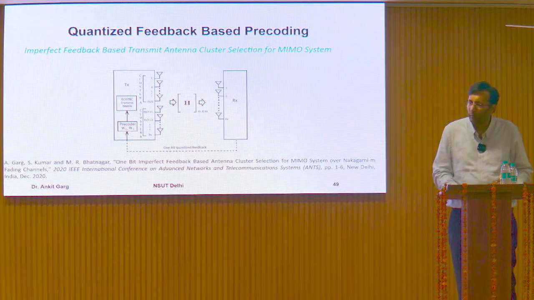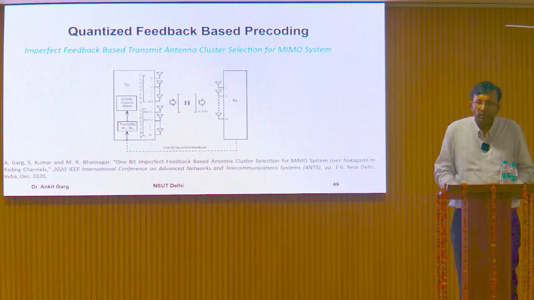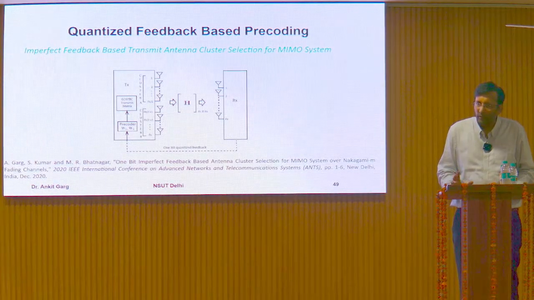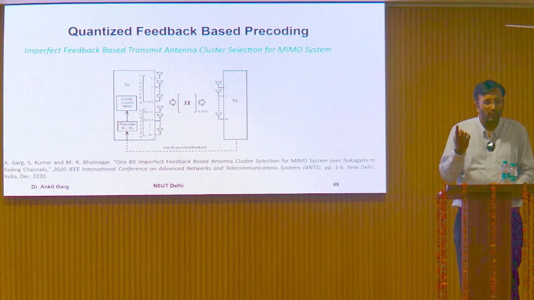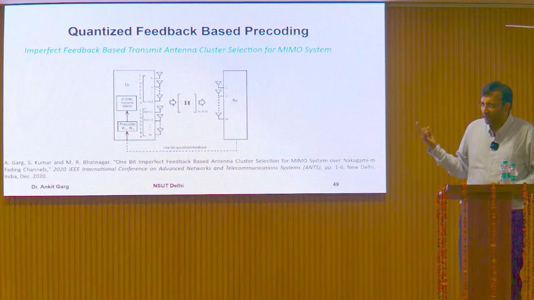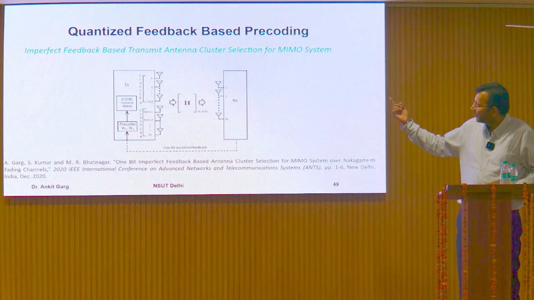So how many bits would we require? Cluster means dividing the whole number of transmit antennas into two groups. To select one group, how many bits would we require? Only 1 bit. For bit 0, we would select cluster 1.